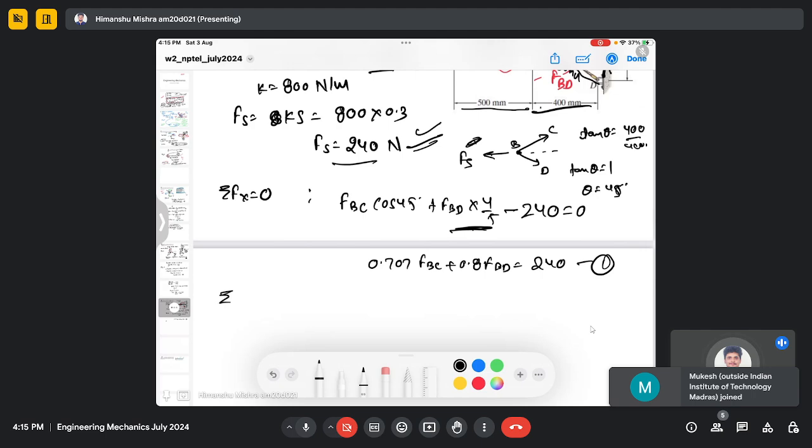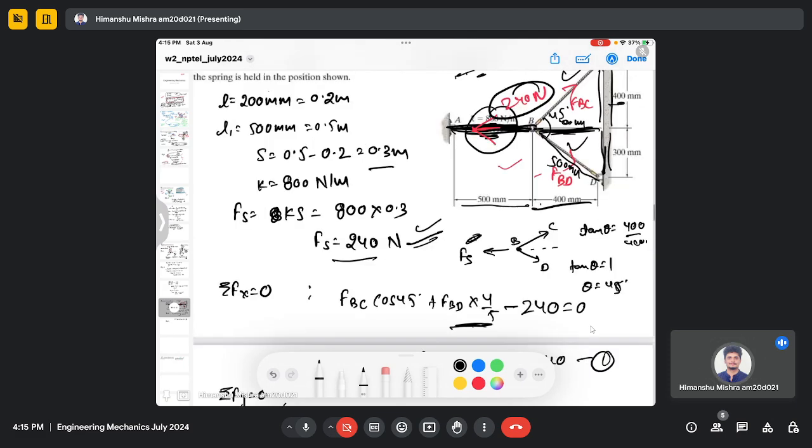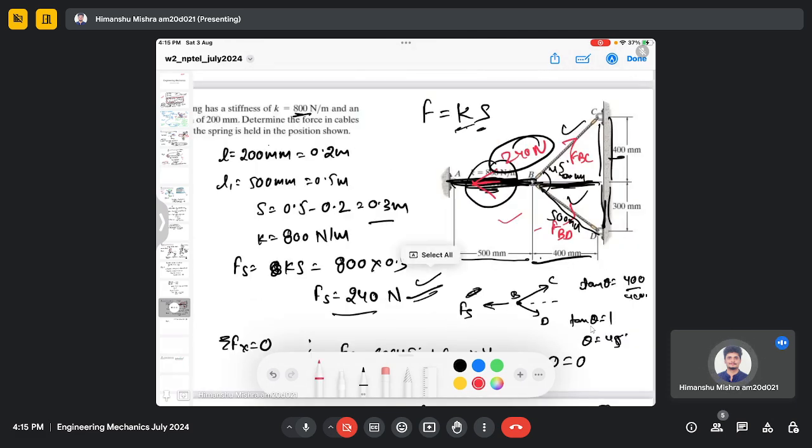Then you do the summation of force in the y direction and equate it to 0. Now you don't need to concern yourself with the spring force because the spring force is exerted only in the x direction, but there will be two forces in the y direction due to force FBC and force FBD.